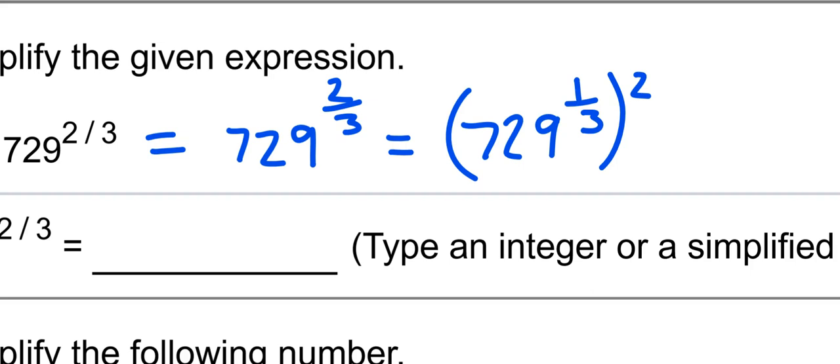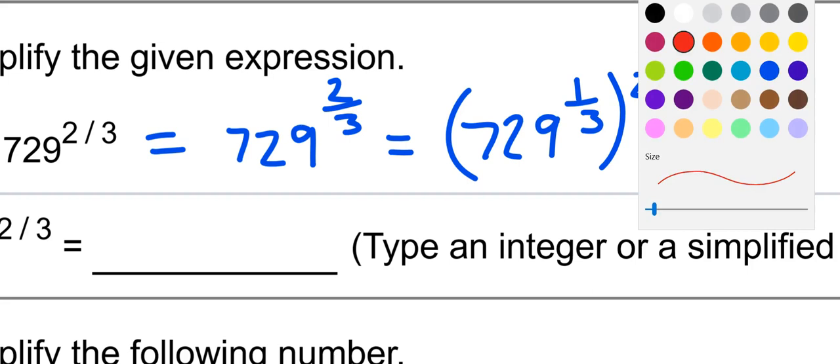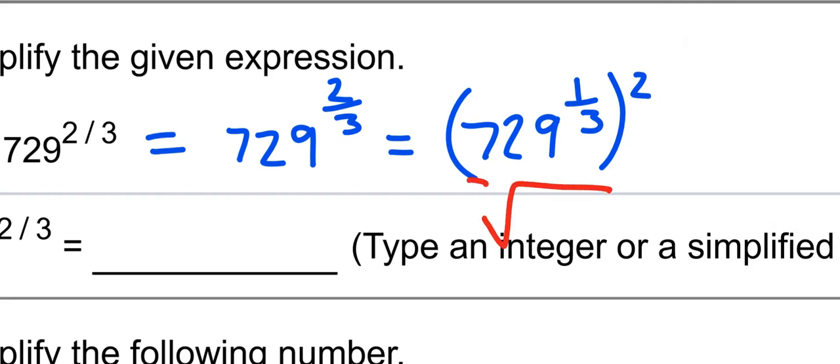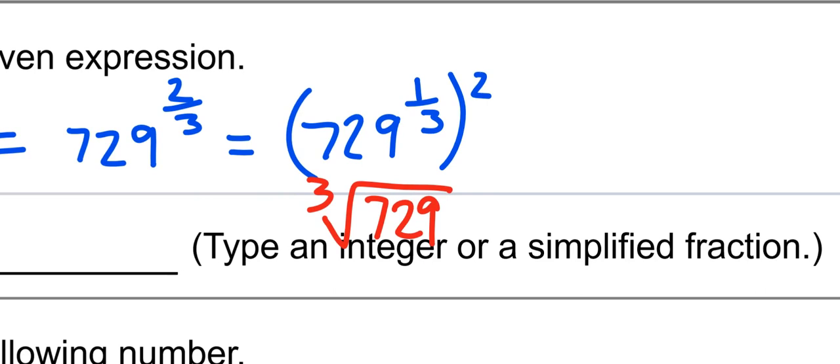Okay? So, we are dealing with the cube root of 729. What is the cube root of 729? Cube root 729? It is 9, correct?